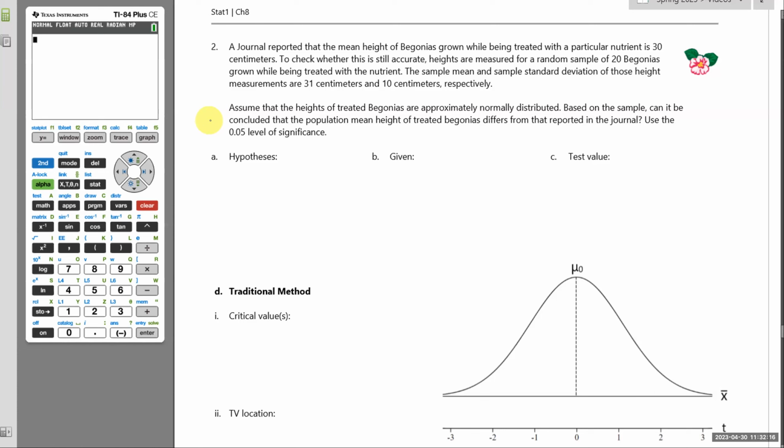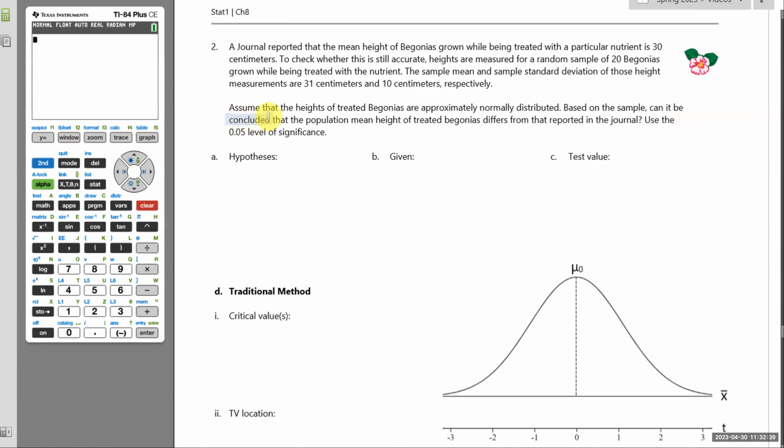Based on the sample, can it be concluded that the population mean height of treated begonias differs from that reported in the journal? And we'll use a 0.05 level of significance. All right, so it doesn't say test the claim, but it says, can it be concluded?